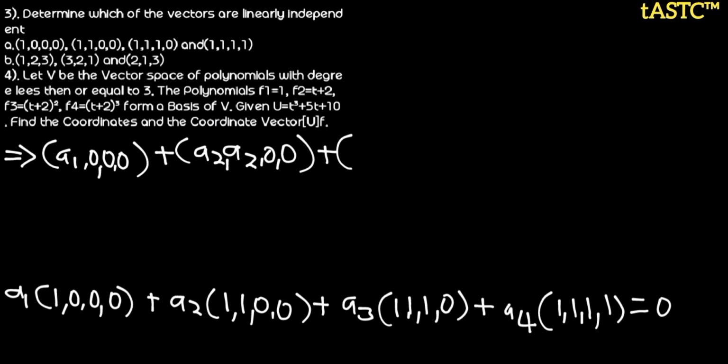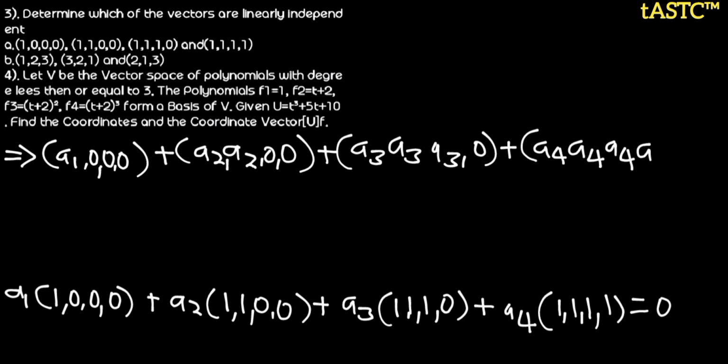And if we took a3 and multiplied it with this, it will give us a3, a3, a3, and 0. And for this one, we're going to have a4s in 4 places. So this is going to be a4, a4, a4, a4. And all these must be equal to 0.